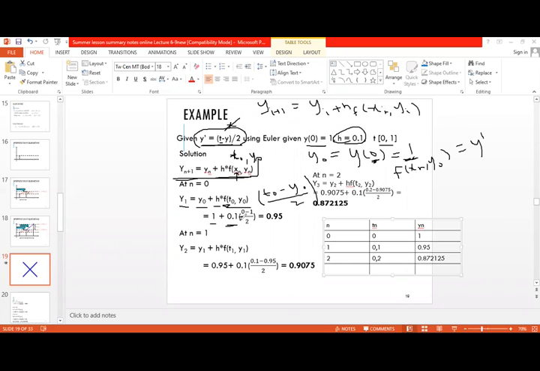When you do that calculation, this is minus 1 over 2 times 0.1, which will be minus 0.05. And 1 minus 0.05 should give us 0.95.